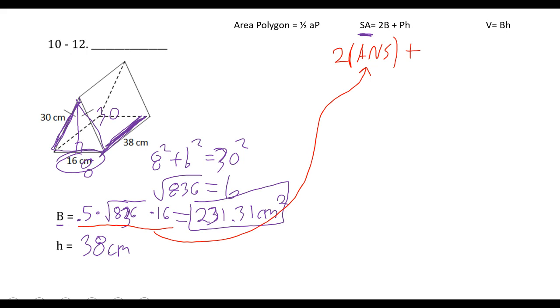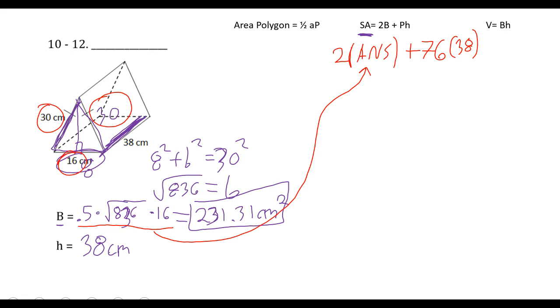Plus perimeter of the base. 30 plus 30 plus 16. Let's see. That's going to be 76. Times the height. We just found the height was 38.